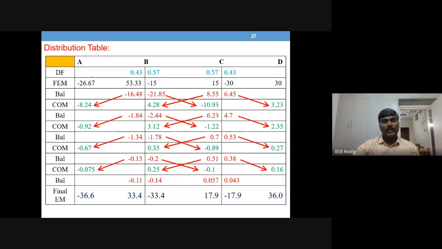As I said, draw a line like this and write all the ends, A, B. All the middle nodes, I mean the middle points of the given beam, shall be drawn with a vertical line at their center.